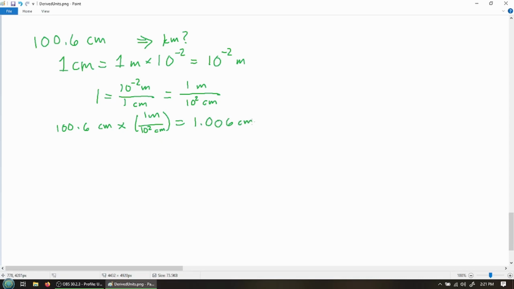Now we're just going to get 1.006 centimeters. Now we're not really worrying about significant figures in here, but let me make a quick point. Some folks may see this 10 squared and say, does this limit our number of sig figs? And the answer is that no, in this case it doesn't, because whenever we have a number that we know is exact, for instance, 1 meter is defined to be 100 centimeters, or 1 centimeter is defined to be 10 to the minus 2 meters, 0.01 meters, that 100 is exact.